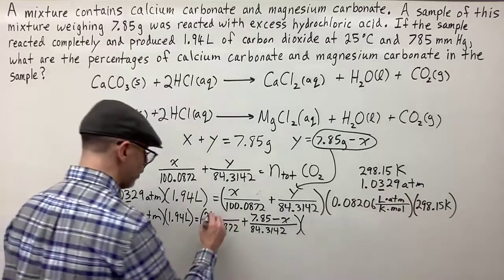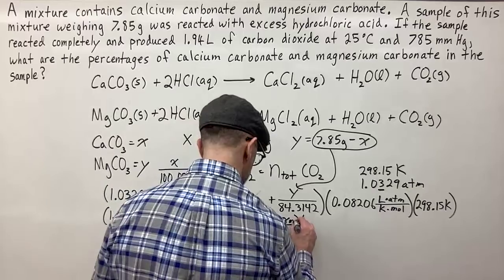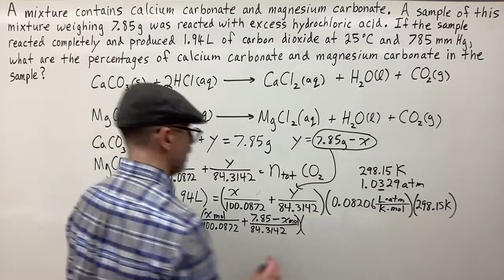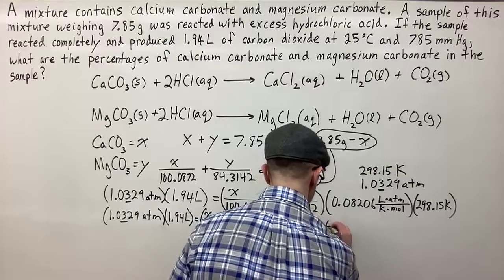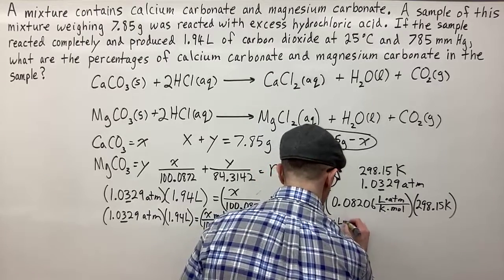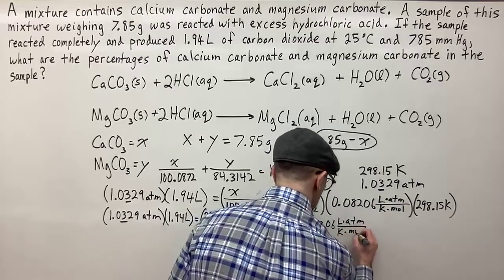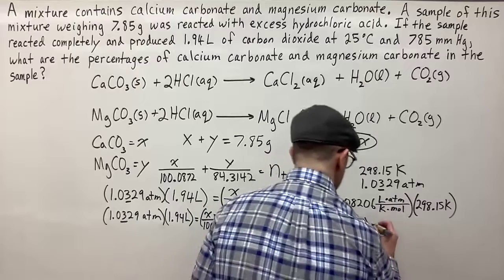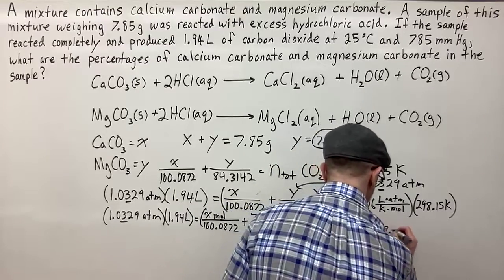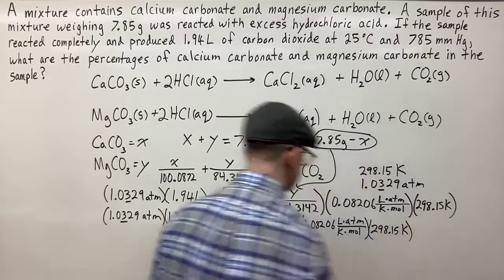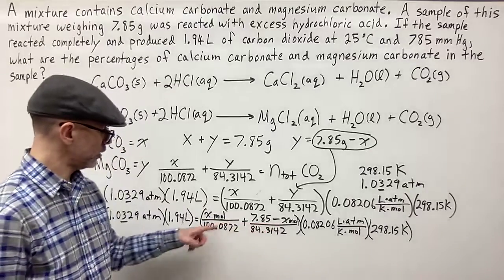And by the way, I should have moles in here. So moles and moles. And so here I have, again, 0.08206 liter atmospheres over Kelvin mole multiplied by 298.15 Kelvin. Okay, so now that I have one equation, I have everything in terms of x.